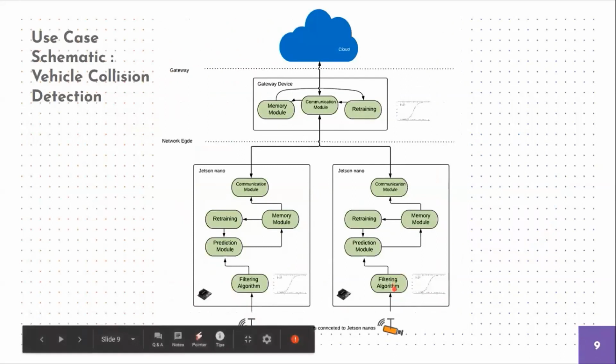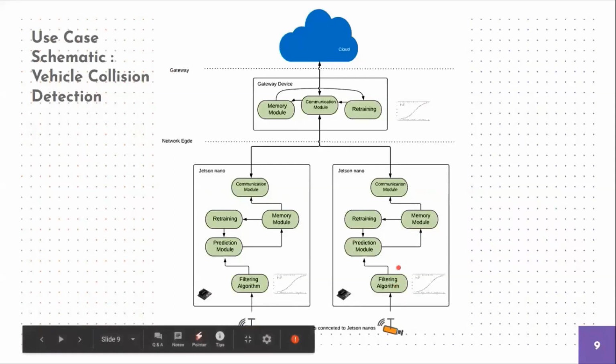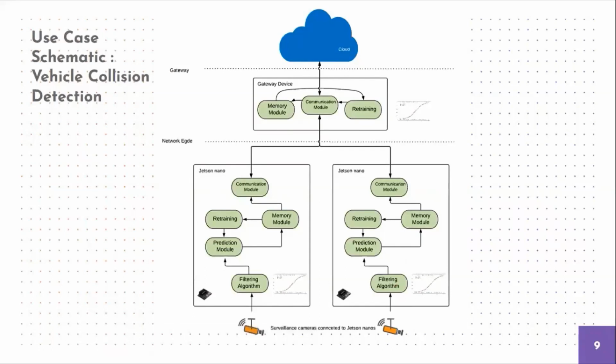In the edge device, we again have the filtering algorithm, which passes only frames with potential accidents. Then these frames are passed to the prediction module, which further analyzes those frames, checks whether they include accidents or not, and outputs the prediction.